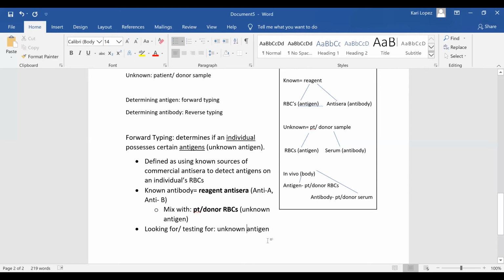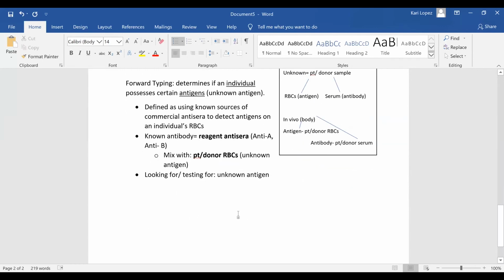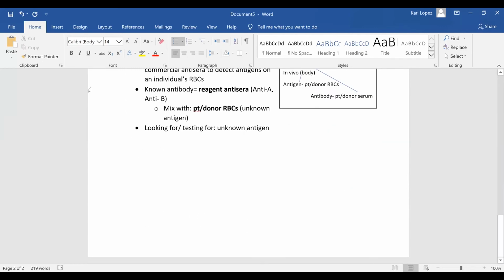So we know we're looking for the unknown antigen, which equates to your patient or donor red blood cells. So whenever you get asked a question about forward typing, it determines if an individual possesses certain antigens. So you're looking or testing for your unknown antigen, by using known sources of commercial anti-sera to detect those antigens on an individual's red blood cells. Now I'm going to insert our result chart for that.